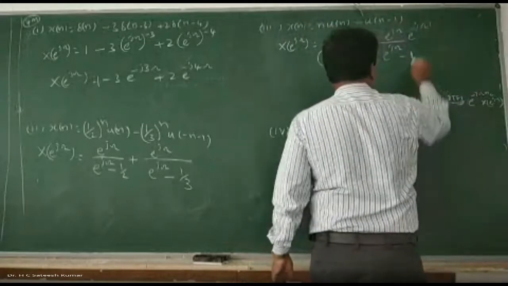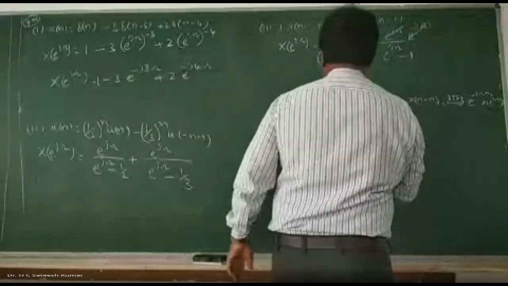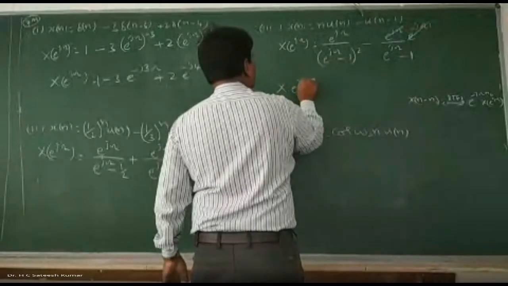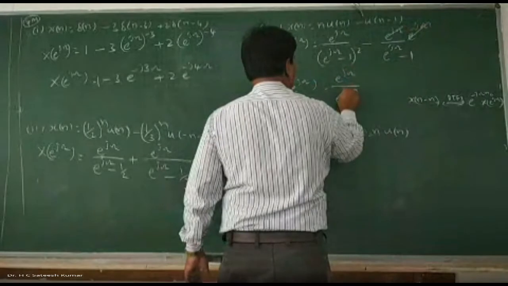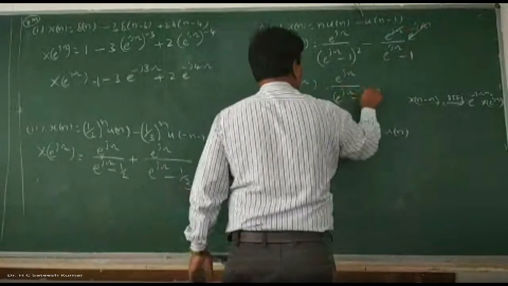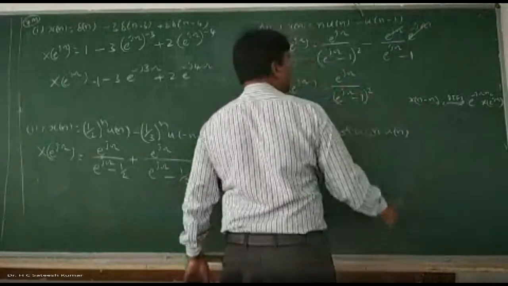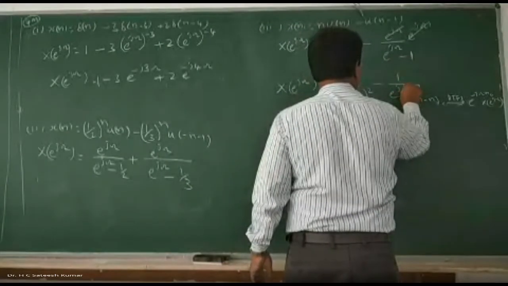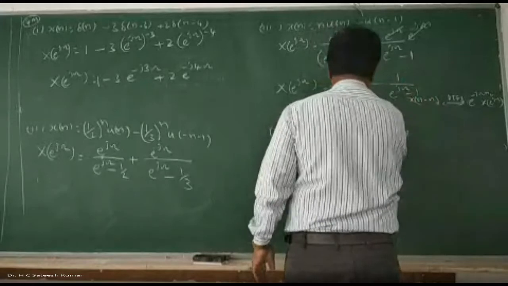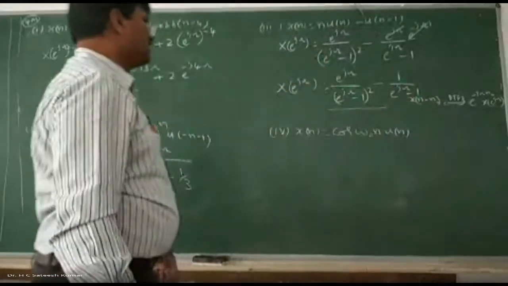And this gets cancelled. Therefore, x of e to the power of j omega is equal to e to the power of j omega divided by e to the power of j omega minus 1 whole square, minus 1 divided by e to the power of j omega minus 3. If you want, you can simplify it, but since it's 1 mark only, you stop at this level.